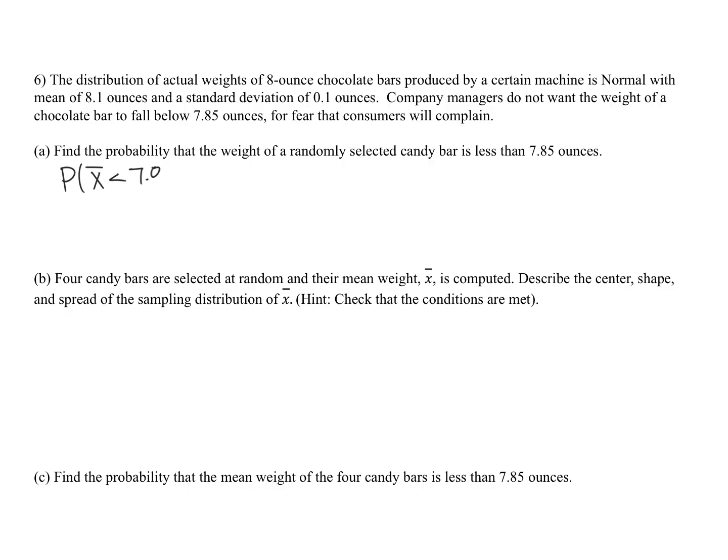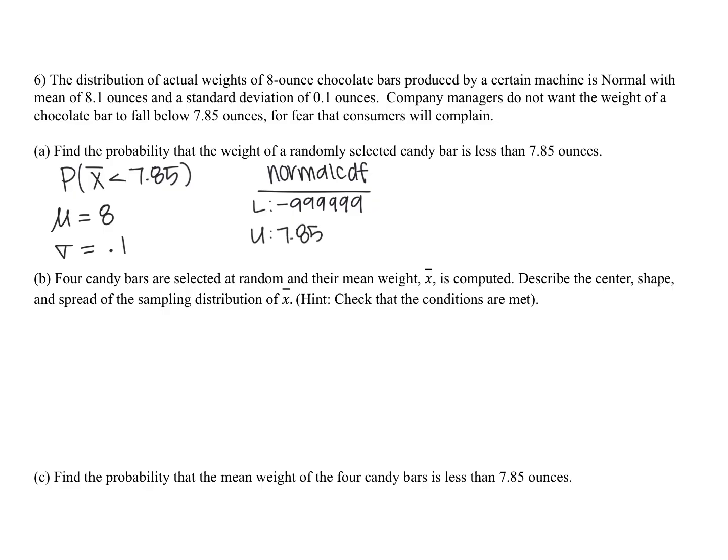So you have the probability that X is less than 7.85. Our mean is whatever the population mean is, which is 8, and our standard deviation is whatever the population standard deviation is, which in this case is 0.1. So then we go to normal CDF, lower bound negative 1E99, upper bound 7.85, mean of 8, standard deviation of 0.1.